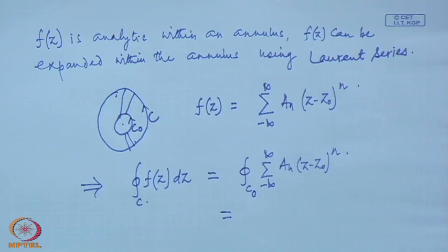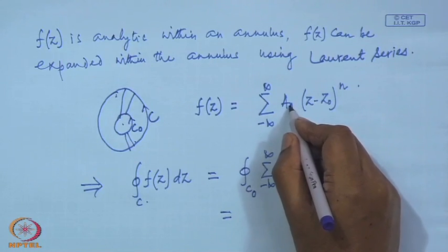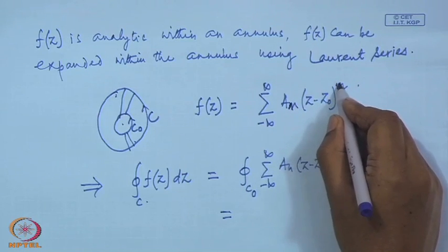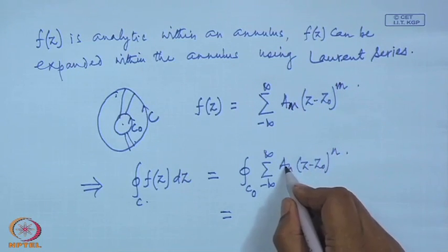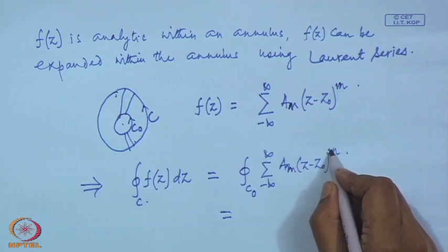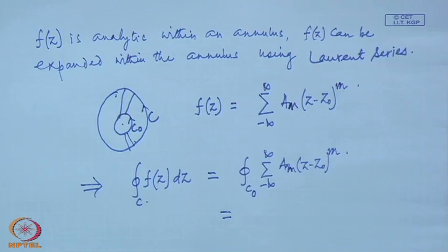This result must be known to you. Earlier we considered n as the number of singularities. Just to make a difference, let us make it m, because earlier we used n as the number of singularities.